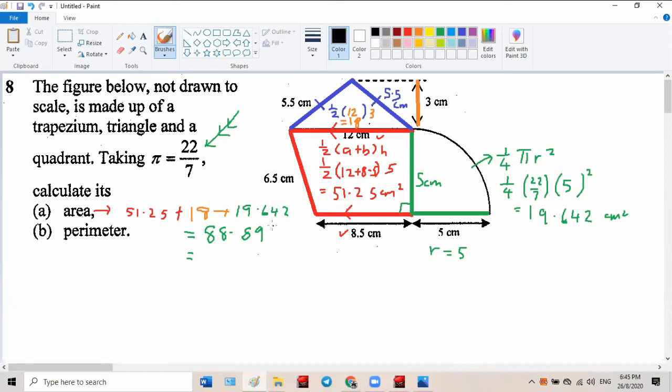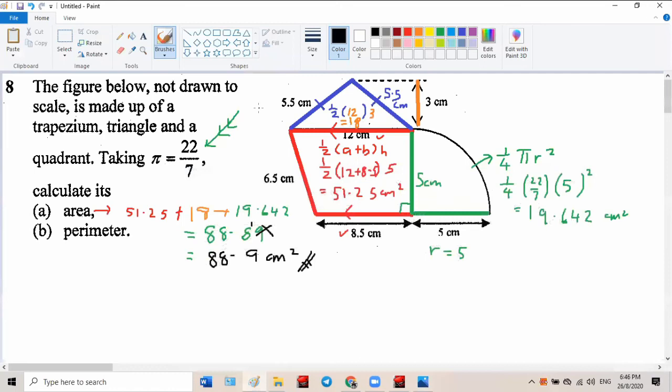That means 88.9. We don't want this, so it is 5 and above, we add 1 here. So the answer is 88.9 cm squared for area. Get it? Correct.